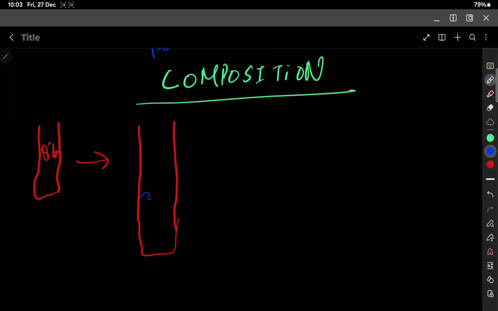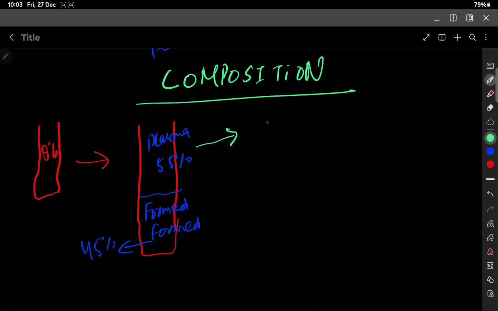One component is the formed elements. If we centrifuge it, the formed elements, which are heavier, will settle at the bottom. Almost 45% is formed elements, and plasma is almost 55%. That's the percentage by volume. What does plasma actually contain?